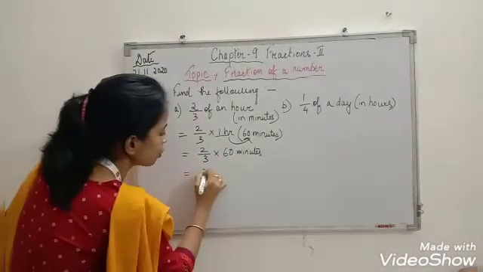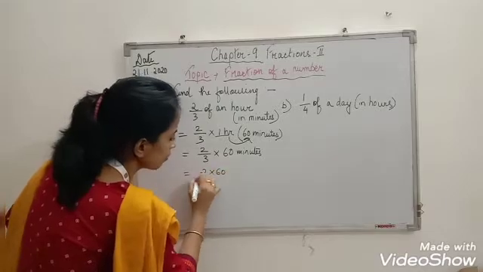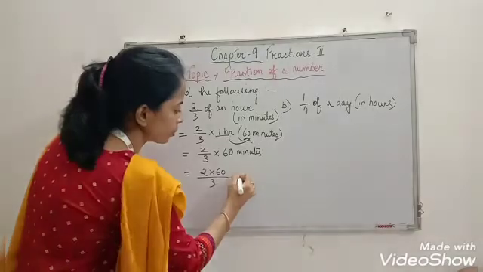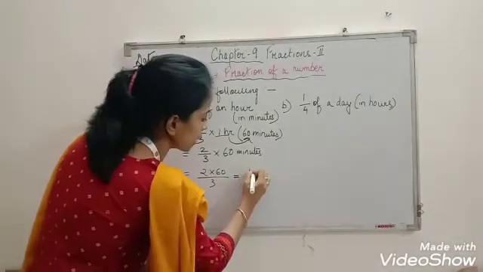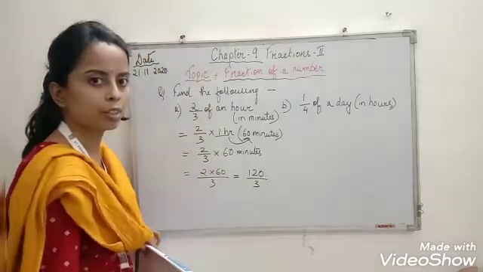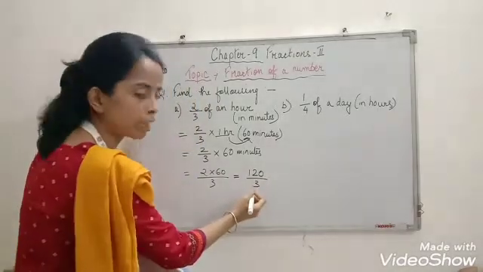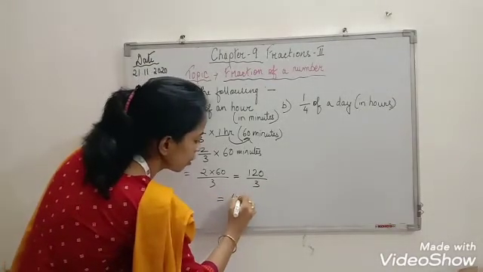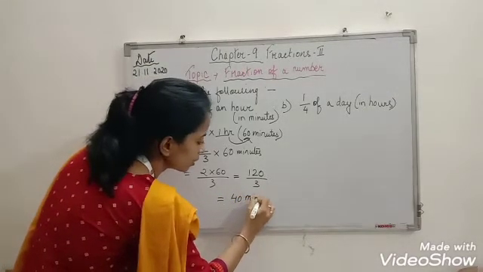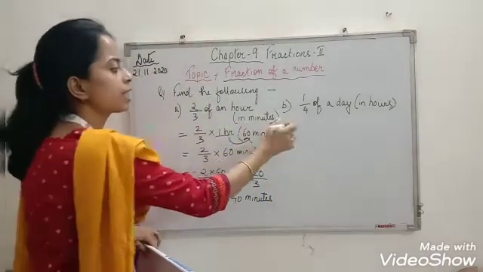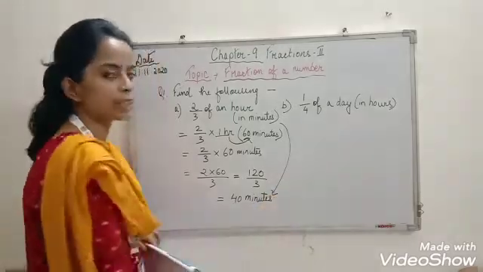So 2 into 60 by 3. 2 into 60 is how much, children? 120. 120 minutes by 3. How much will it come? 120 by 3 is 40 minutes. So 2/3 of an hour in minutes is 40 minutes.